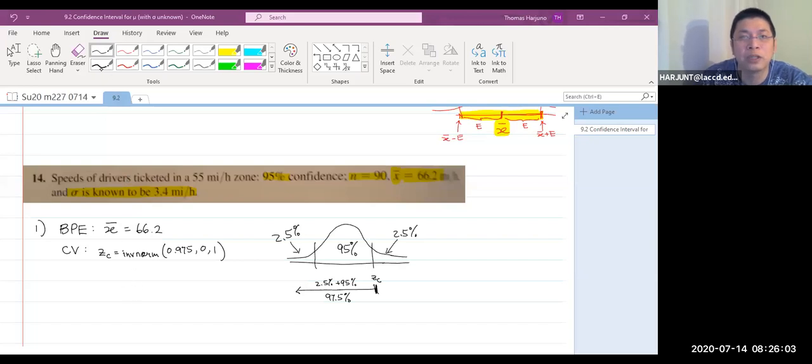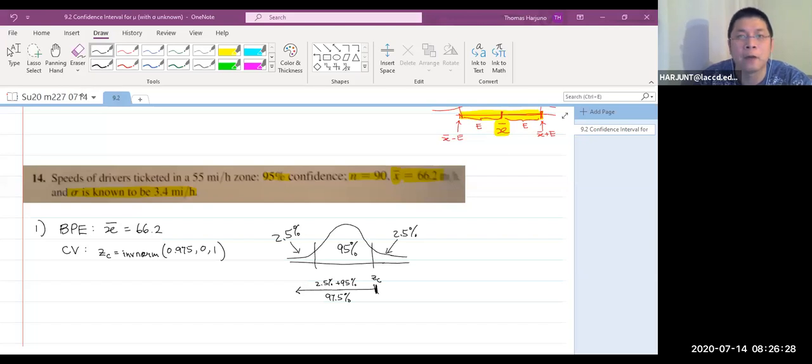Notice that it requires us to put in the mu and the sigma, right? Remember, we use z critical, and that z refers to standard normal. Don't forget that, that's very important. Every time you see z, that's standard normal, and do not use z if it is not standard normal.